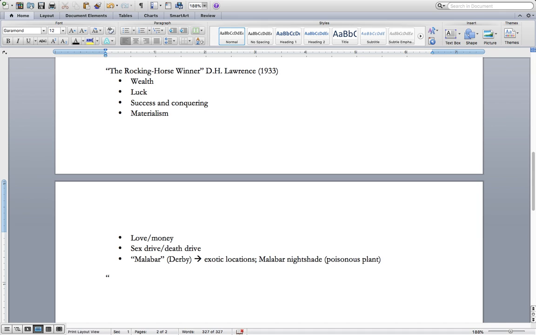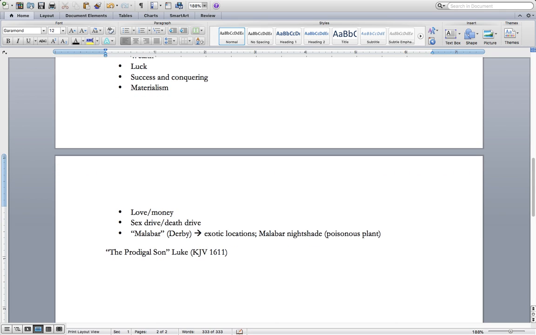The next one is the prodigal son, and this is actually taken from the Bible, from the book of Luke. This particular version was the King James version in 1611, I think, but it goes obviously much older than that. It's very short, so I don't have too much to say about it, but there are some really good themes in here.